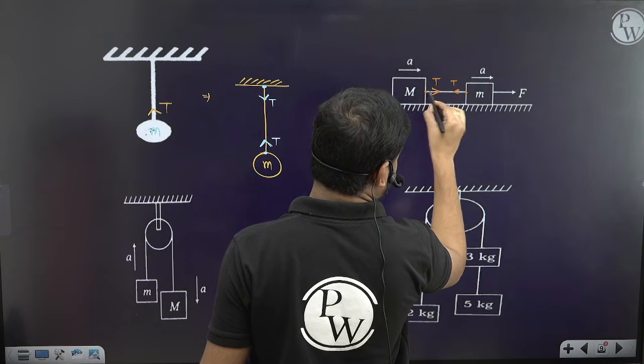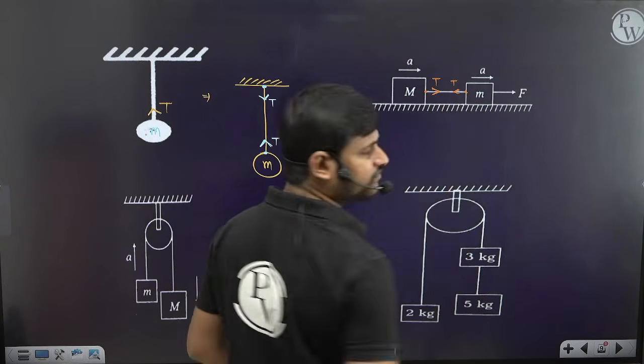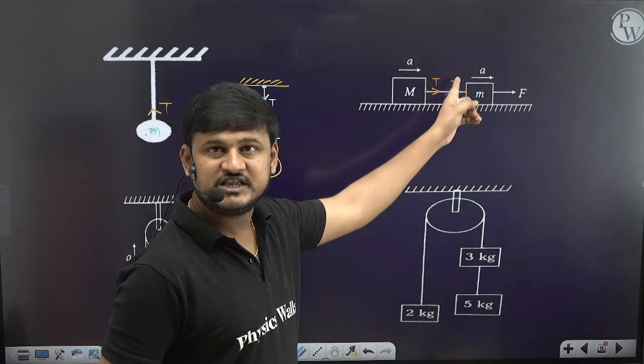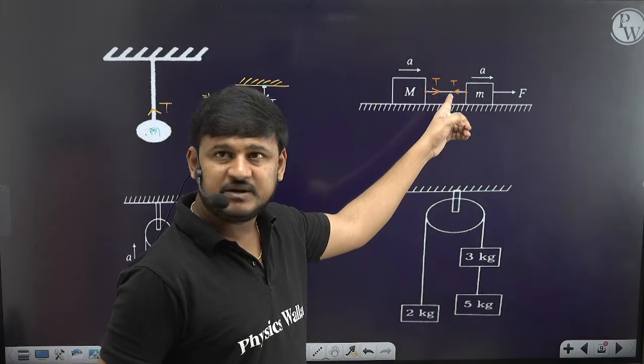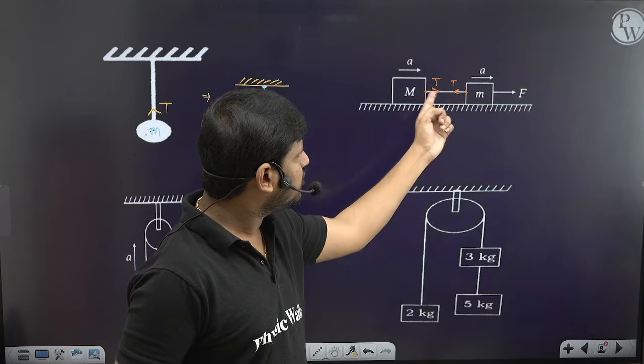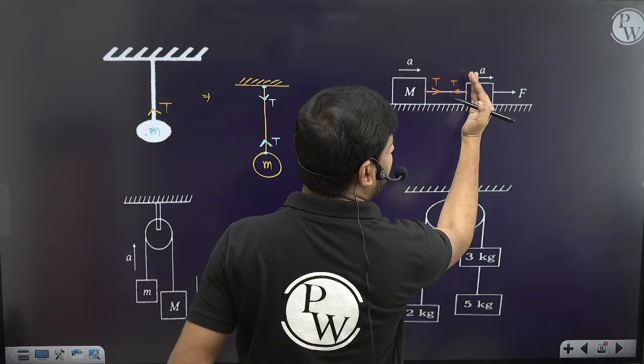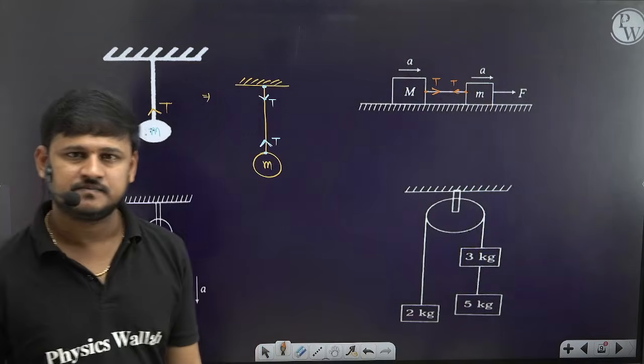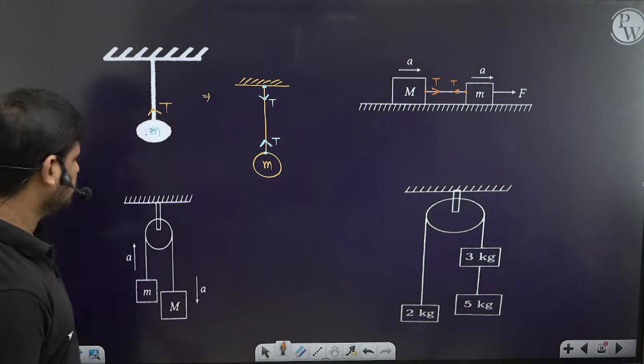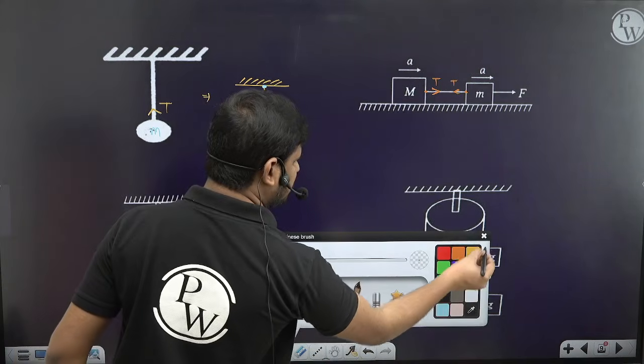From here to here the string is the same. There are no objects in between, no mass attached in between. So the tension throughout this string remains the same. That's it. Understanding? Sure.